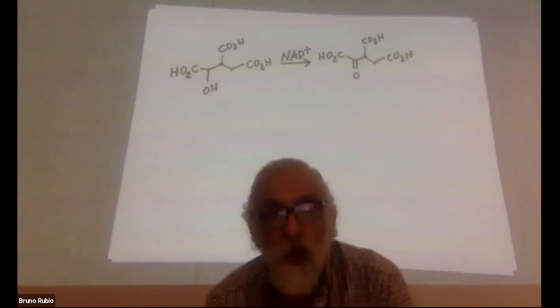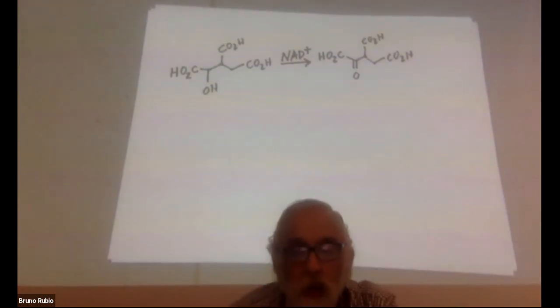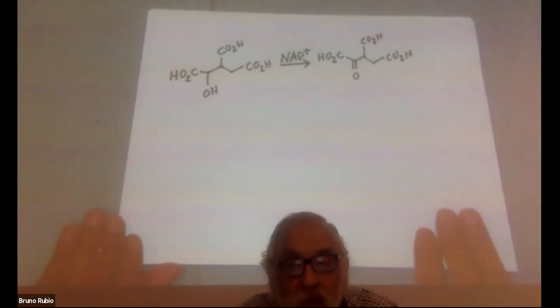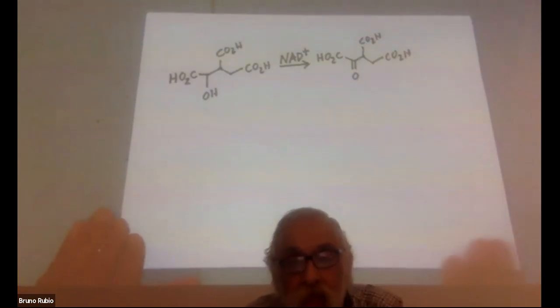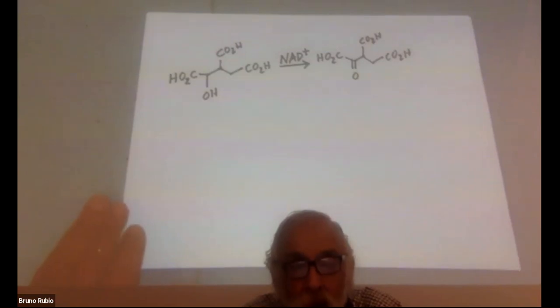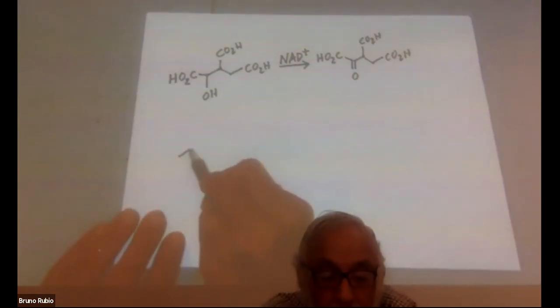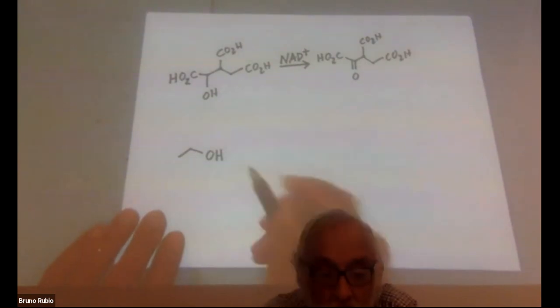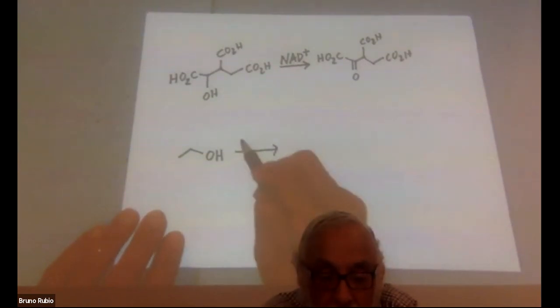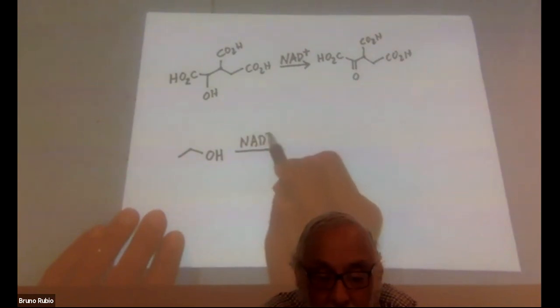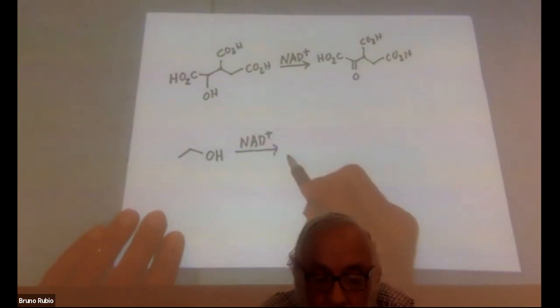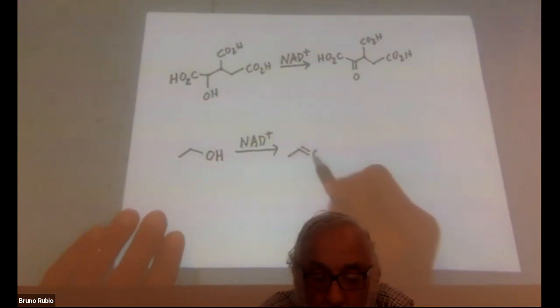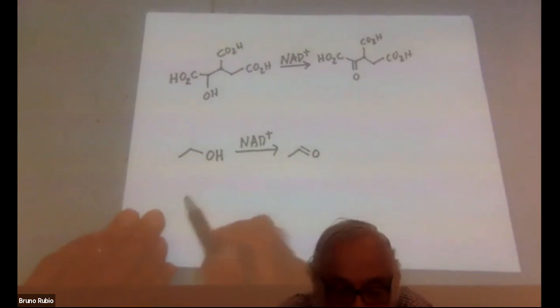All right, and the most familiar complex of reactions with NAD+ involve ethyl alcohol, the alcohol found in alcoholic beverages, right? So we take ethyl alcohol, react that with NAD+, and what happens is the oxidation of the alcohol to acetaldehyde.